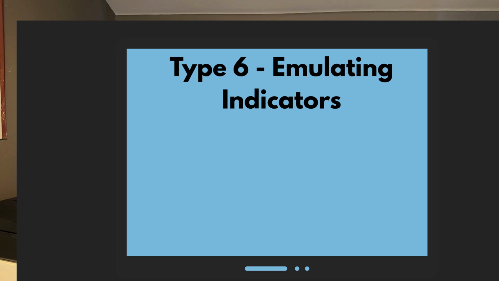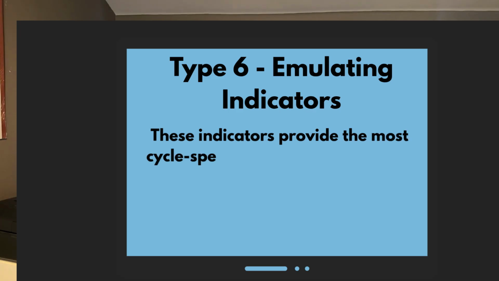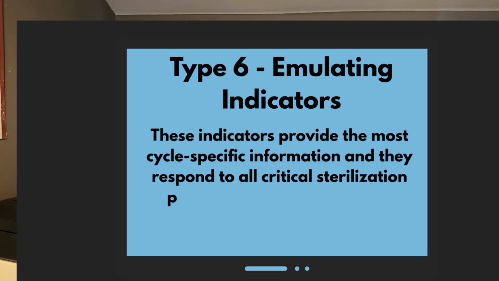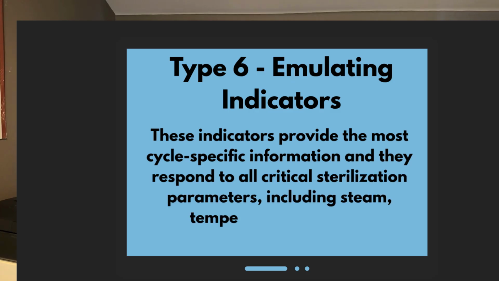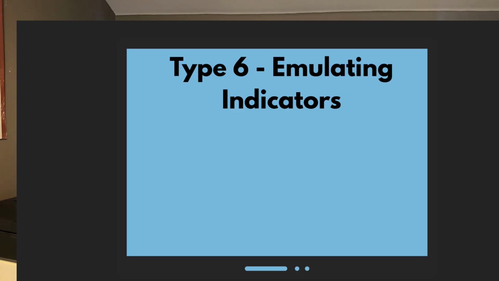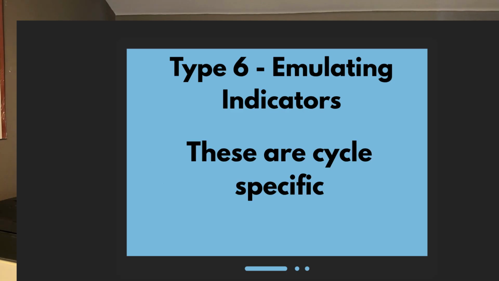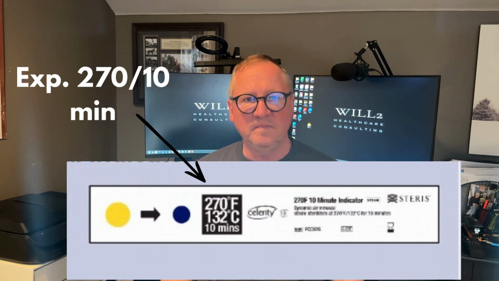So the last one we're going to talk about is type 6. It's the emulating indicator. This indicator provides the most cycle-specific information. Like the type 5 indicator, they respond to all the critical parameters, which again are steam or exposure, temperature, and time. However, the type 6 indicators are specific to a cycle. For example, some type 6 indicators are designed for a 274-minute cycle, and they respond only to that.